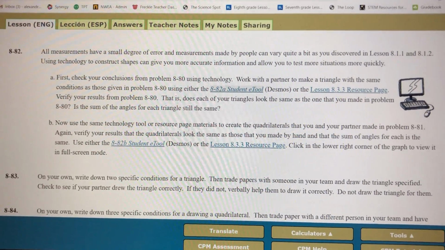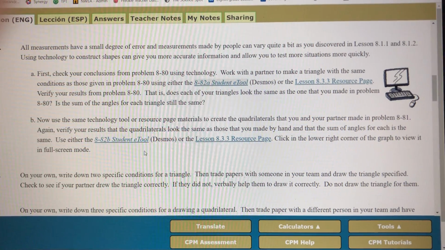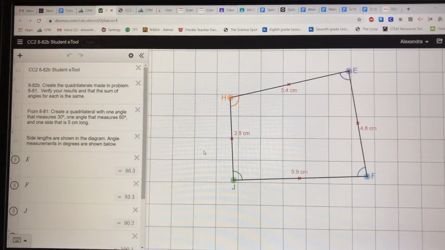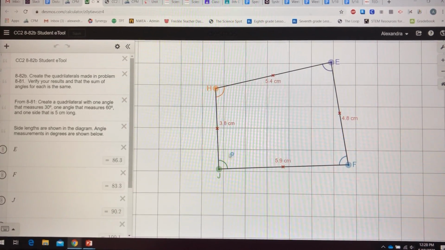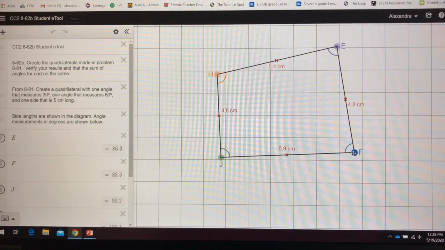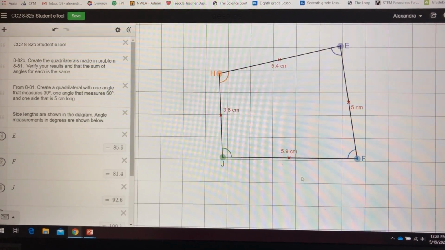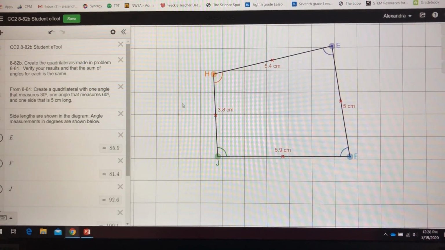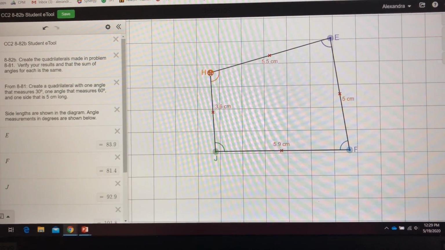All right, so now it says using the same technology, we're going to figure out the quadrilateral problem. And it wanted us to start with a side length of 5 centimeters. So let's make this side 5 centimeters there. And it wants one angle that measures 60 and one that measures 30. So let's see, how did I do this?